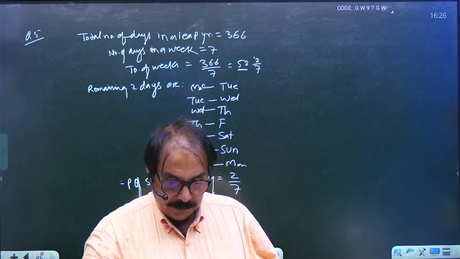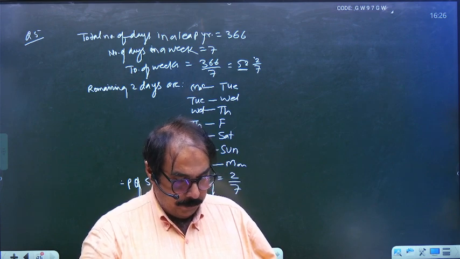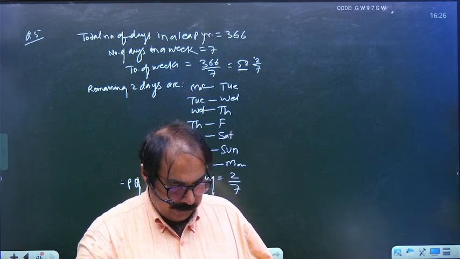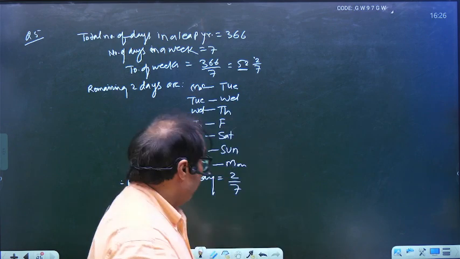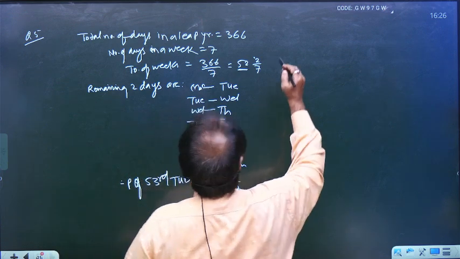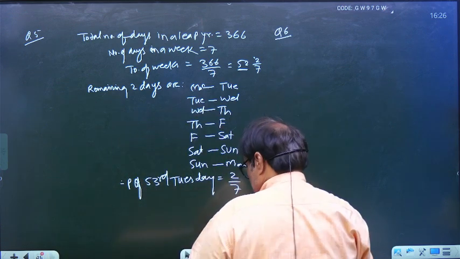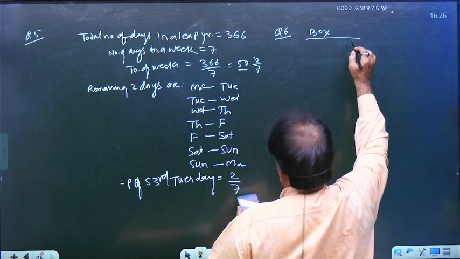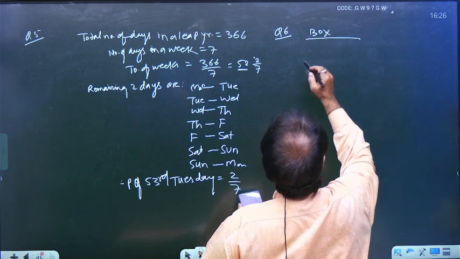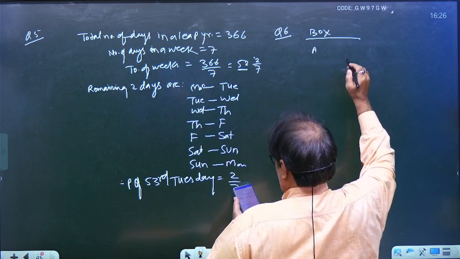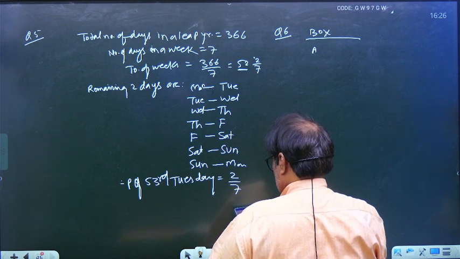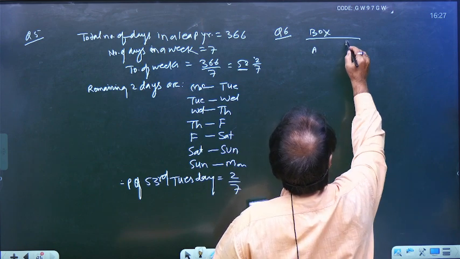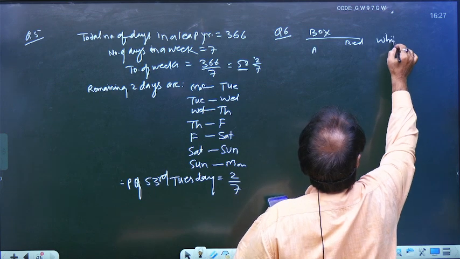question number 6. Suppose we have 4 boxes A, B, C, D containing colored marbles as given in the table below. Here we have red color and white color.